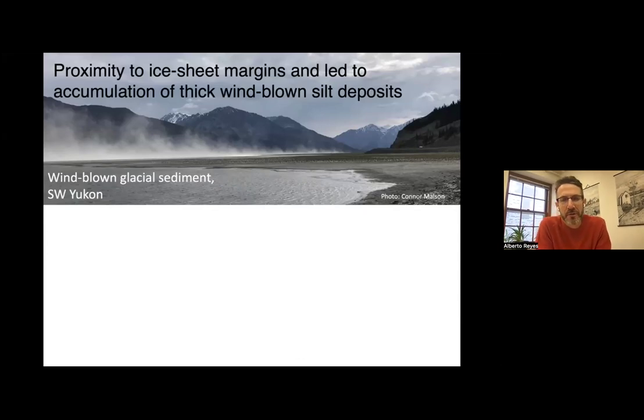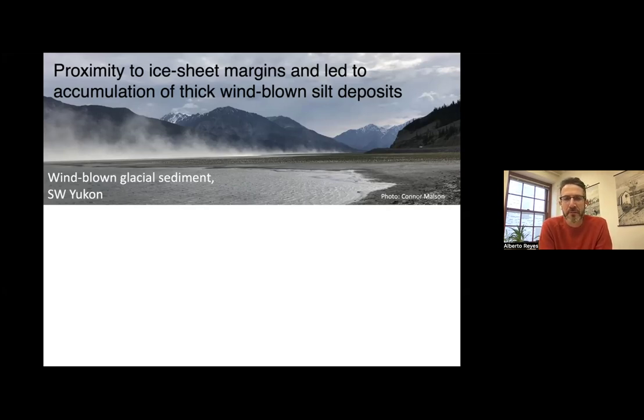And so the legacy of those glaciers and ice sheets that didn't quite make it into the interior of eastern Beringia largely is due to the production of fine-grained sediments as a result of glacial erosion and the reworking of those sediments primarily by fluvial and aeolian activity.